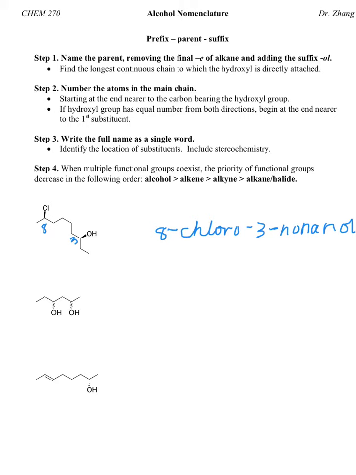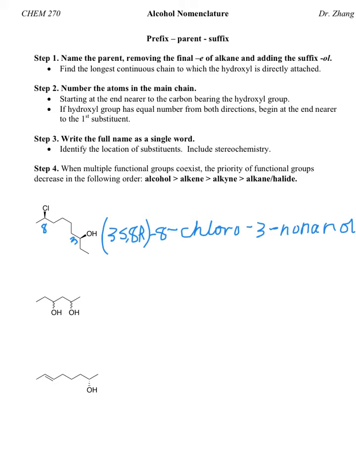Please notice that on both carbon number 3 and carbon number 8, there are chirality centers. Carbon number 3 has S chirality, and carbon number 8 has R chirality. A complete name for this compound should include the stereochemistry.